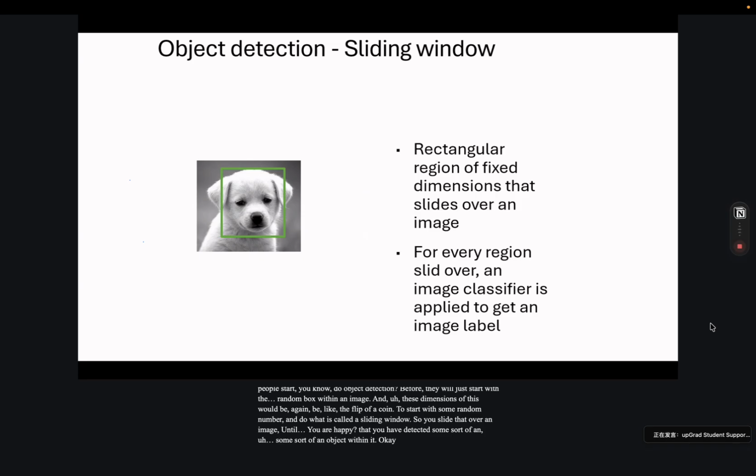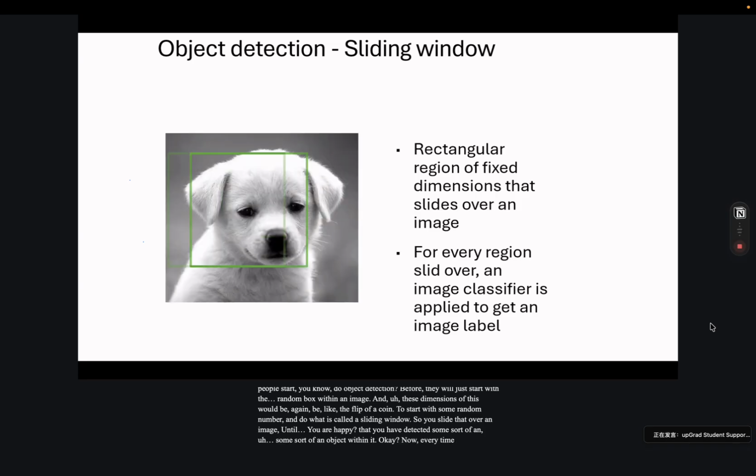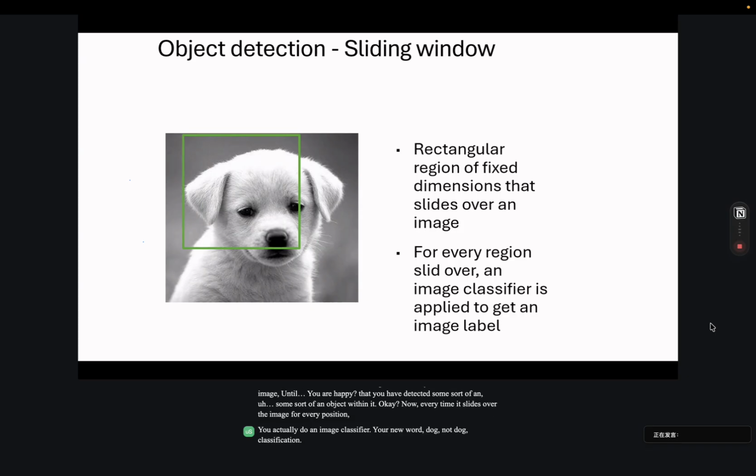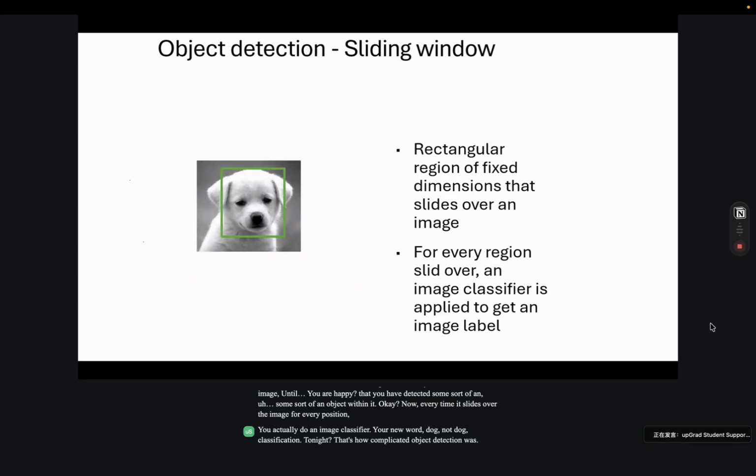Okay. Now every time it slides over the image, for every position, you actually run an image classifier. You do a dog, not dog classification, right? That's how complicated object detection was. I hope you can appreciate the complexity.